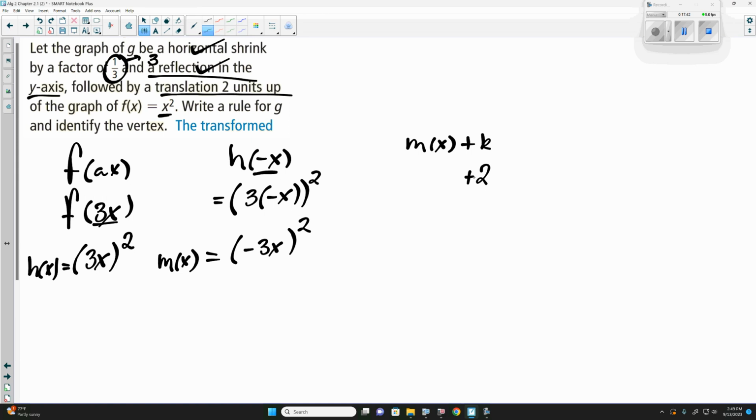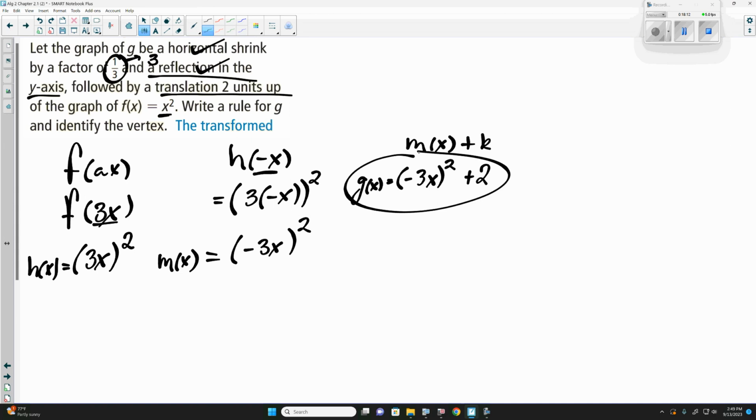Yes? And what's m of x? Negative 3x squared. That's actually it. Questions on any of this here? Question on anything we've done?